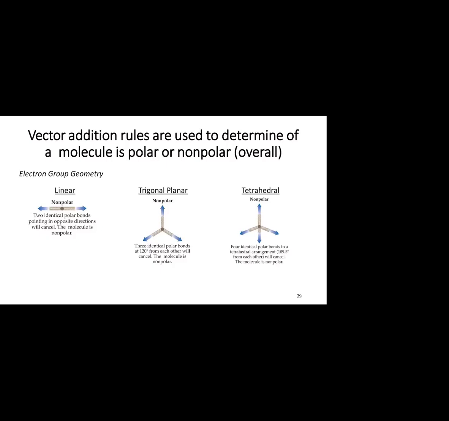If I have two substances that are polar, they mix. If I have two substances that are non-polar, they mix. But if one is polar and the other is not, that's why they don't mix.